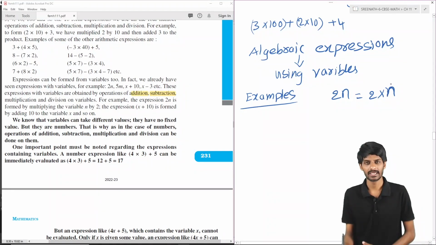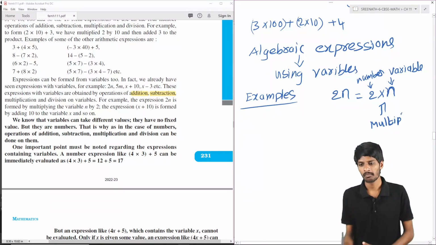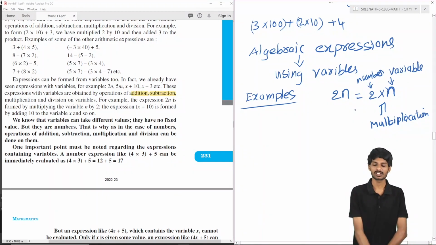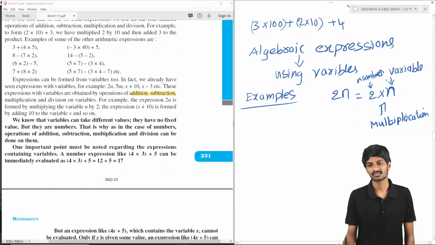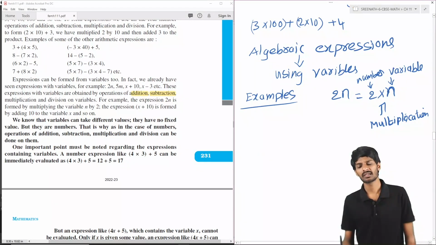It has a variable and a number, and there is an operation called multiplication. So this is an algebraic expression, students, using variables. We can replace any letter with the variables, then we can solve it.